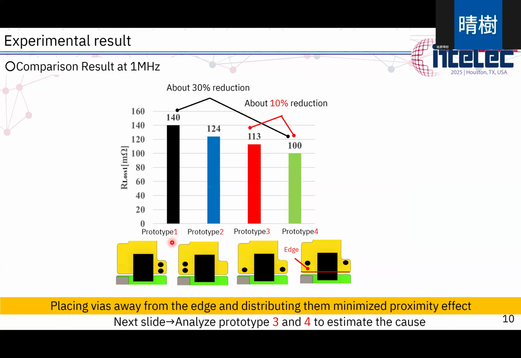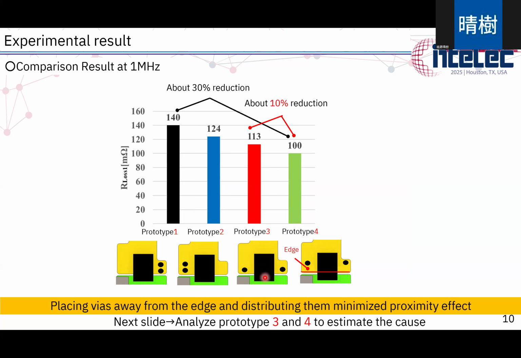Comparing R prototype 1 and prototype 4, there is about a 30% reduction of losses. Next is R prototype 3 and R prototype 4.